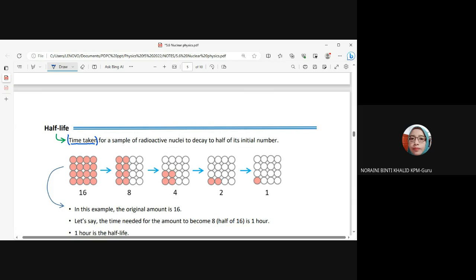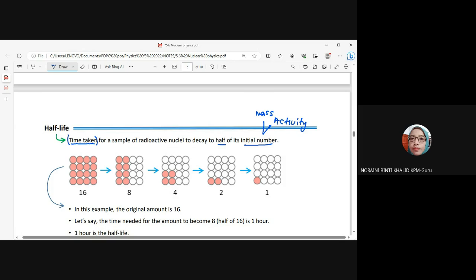Okay, half-life is time taken for sample of radioactive nuclei to decay to half of its initial number. This initial number can sometimes be measured in mass or activity, because it is very hard to determine mass, because radioactive substance is very unpredictable.